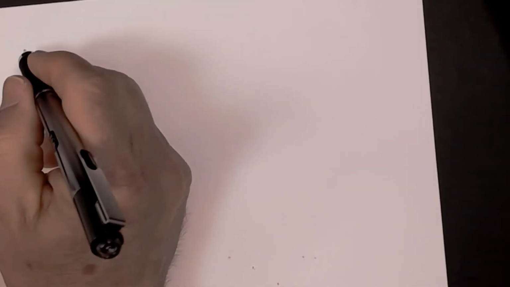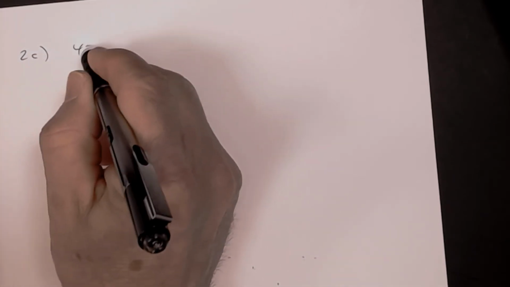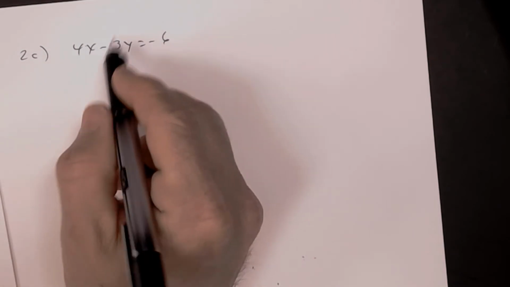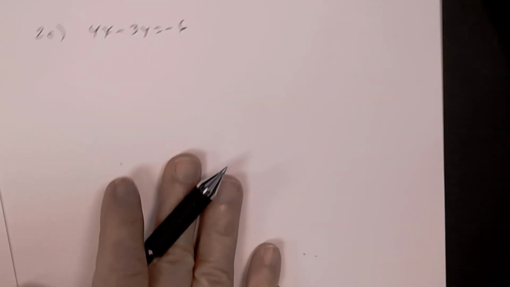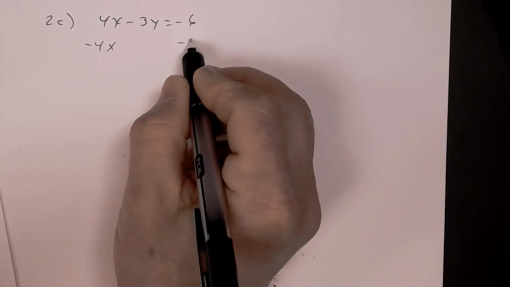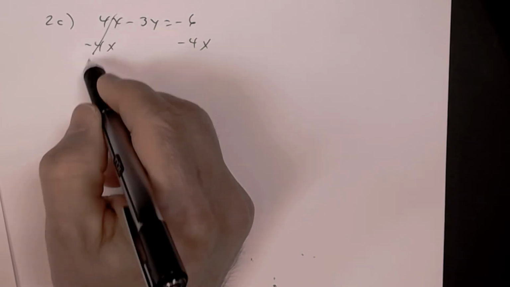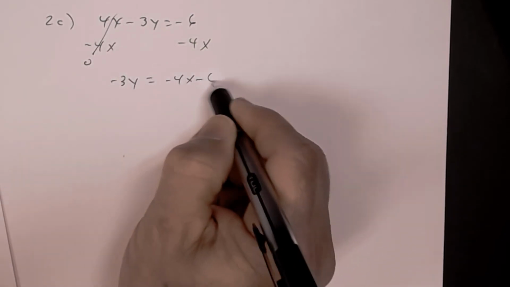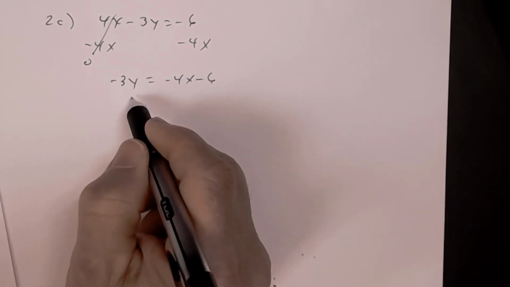So let's first get this in slope-intercept form. 2c: we have 4x minus 3y equals negative 6. Let's subtract 4x. Some of you may mess up if you're not careful, so let me show you what you need to do. Combine like terms, I get negative 3y equals negative 4x minus 6. Divide both sides by negative 3.